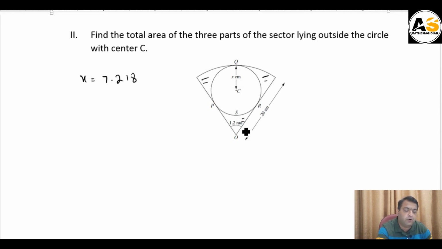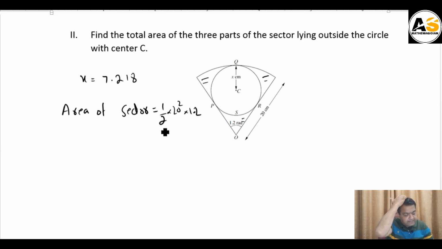Its angle is 1.2 radian, radius is 20. Area of sector is equal to 1 by 2 r square into theta. Theta is 1.2. And when I simplify this, this will be 240.